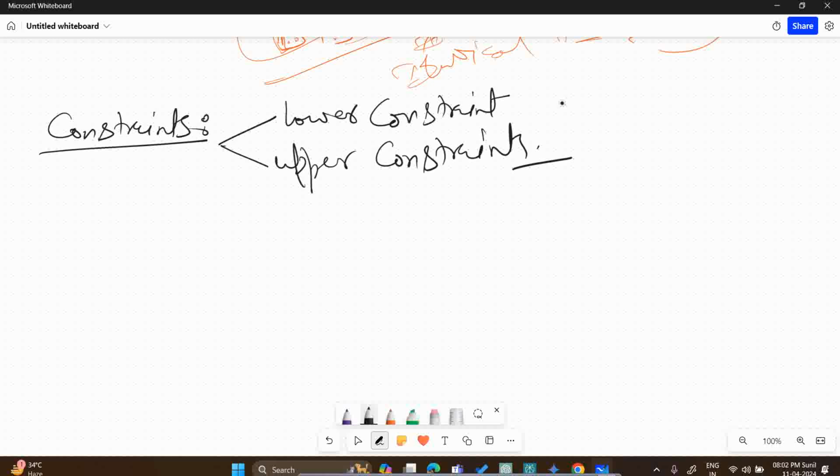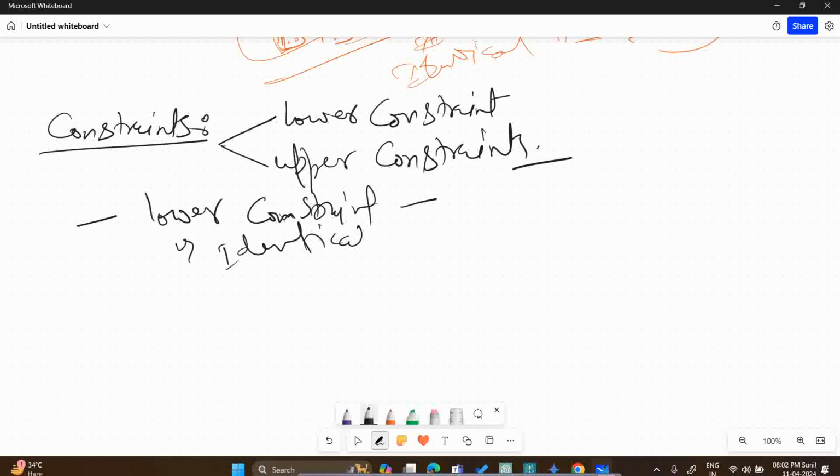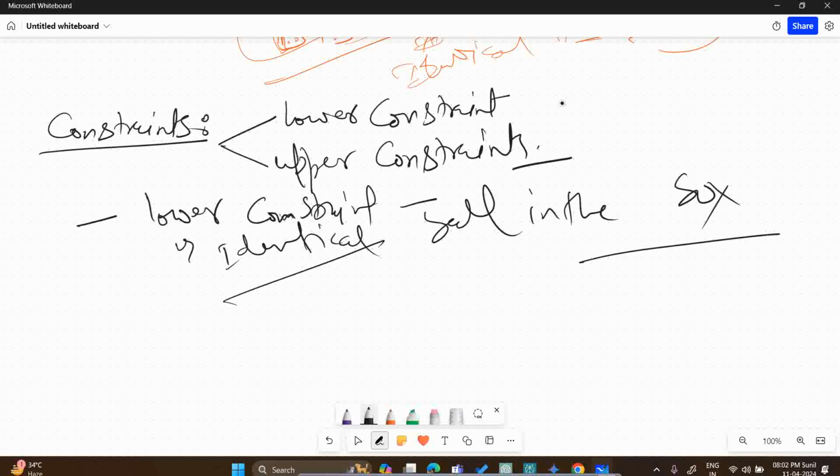Right. So lower constraints are like the identical balls in the box problem. Lower constraint type questions we can solve by this method, the identical balls in the box method.